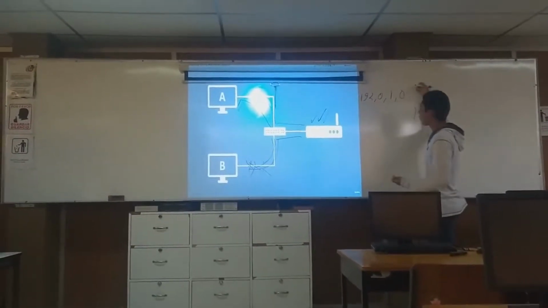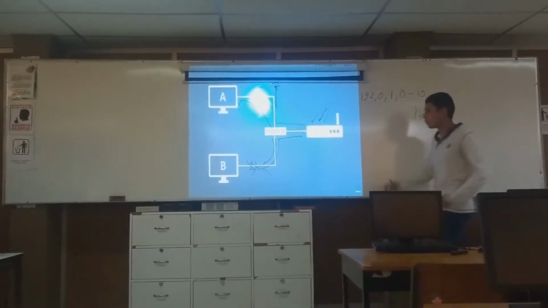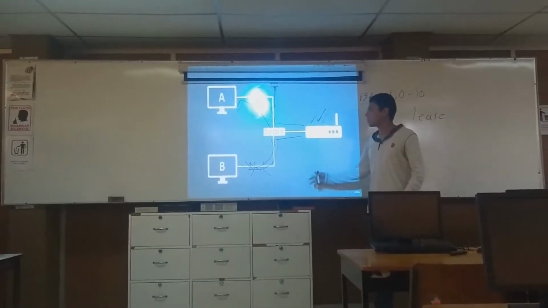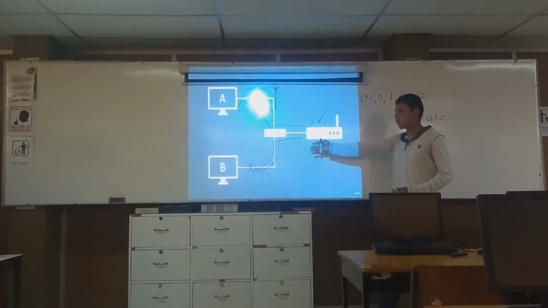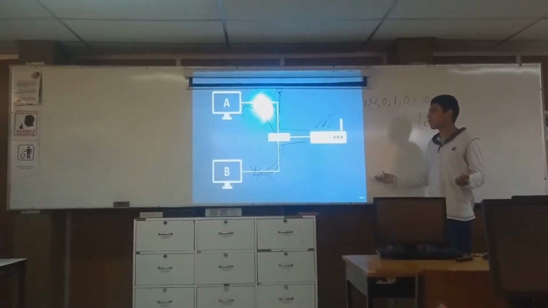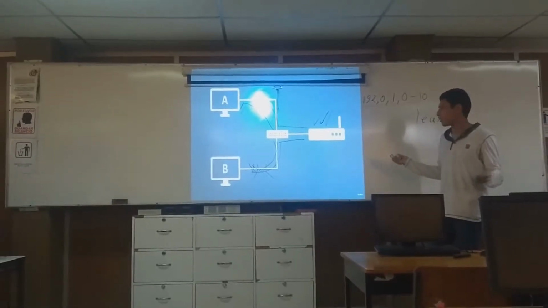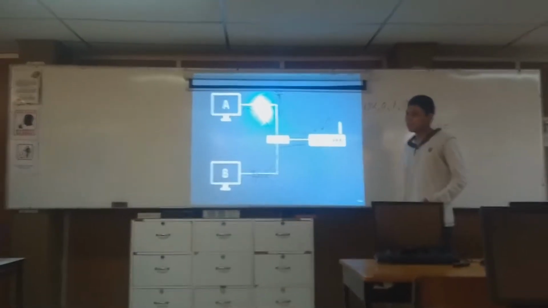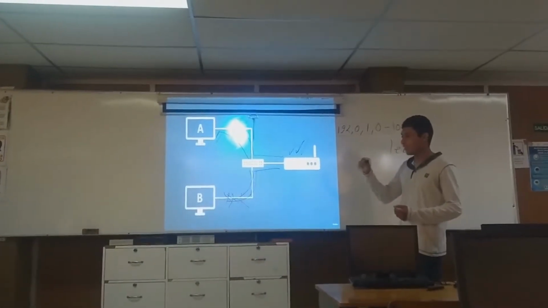For example, we have a range from 0 to 10. We can add the IP addresses manually in this example, but if we have 200 more PCs, we can't handle that.